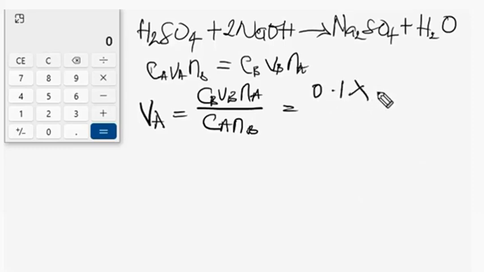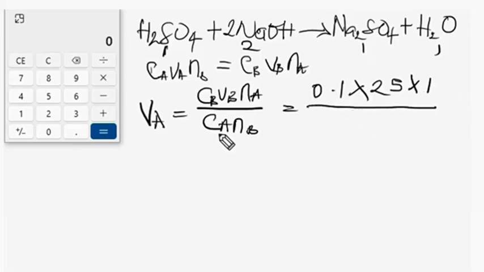Then the volume of base is 25 cm cube, and then number of moles of acid is 1. From the equation of the reaction, you have 1 here and you have 2 here, and this is 1 and 1, so this would be 1.